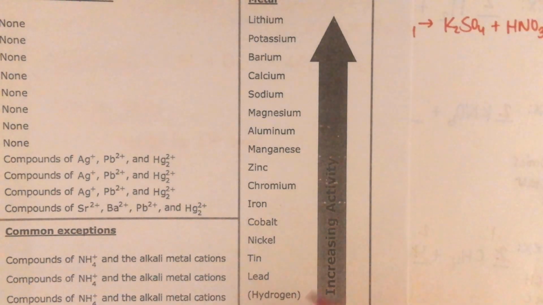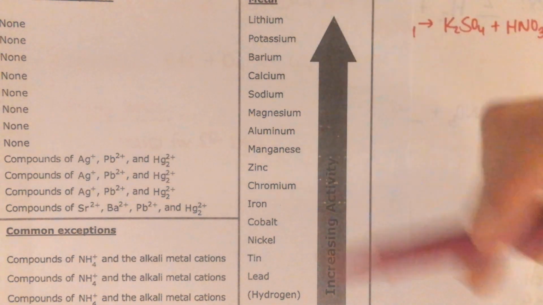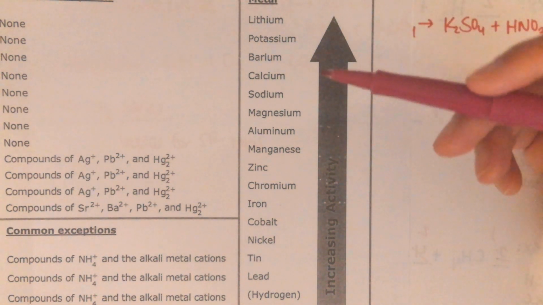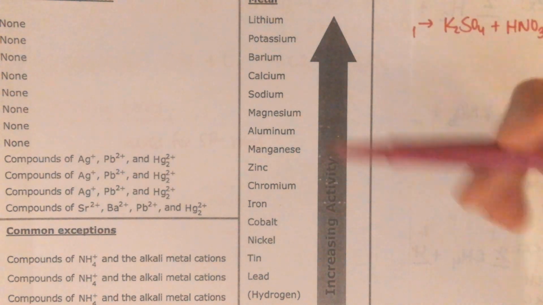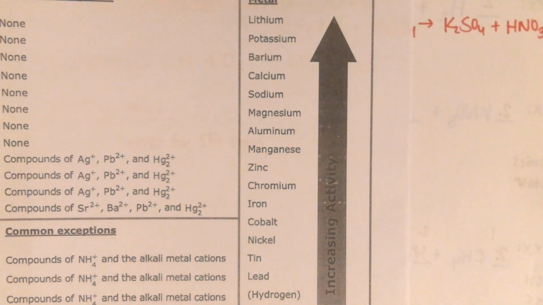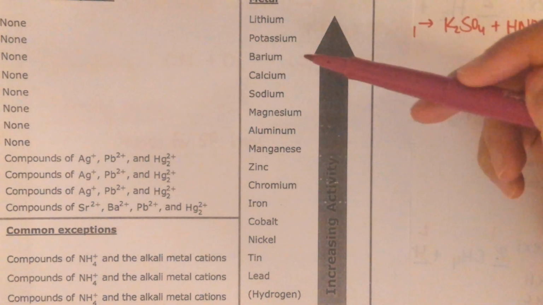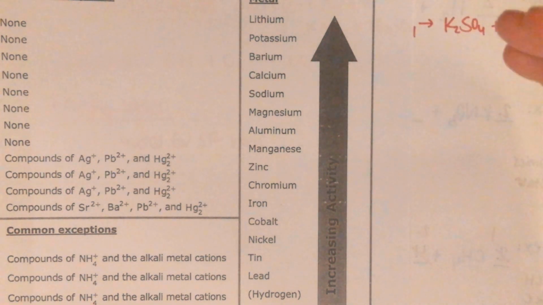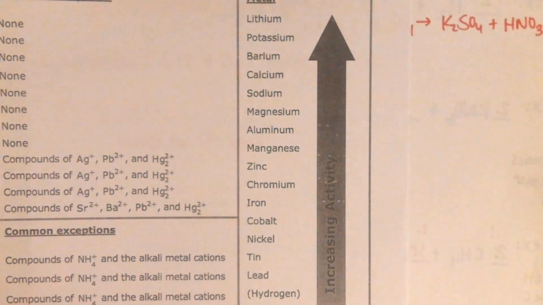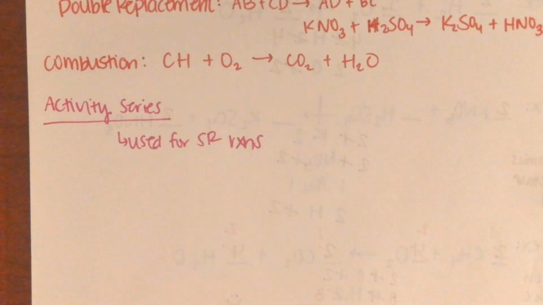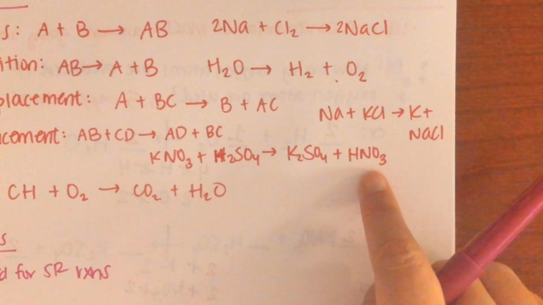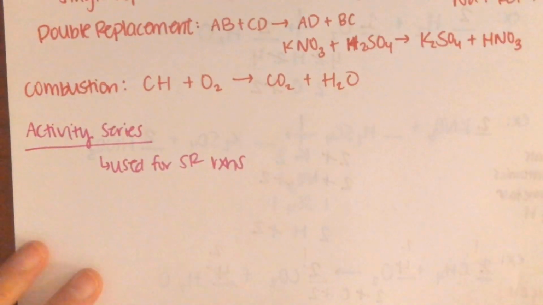This ranking right here tells you how reactive these metals are that can happen in a single replacement reaction. So the higher the activity, the higher rank that it is on the list, the better it will replace the element. So for example, let's actually look at this reaction right here.